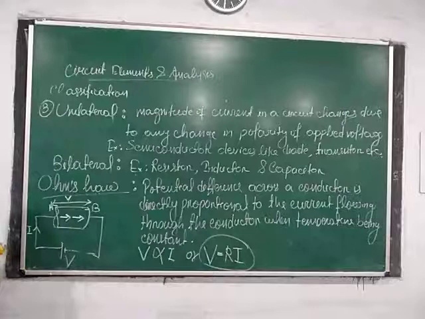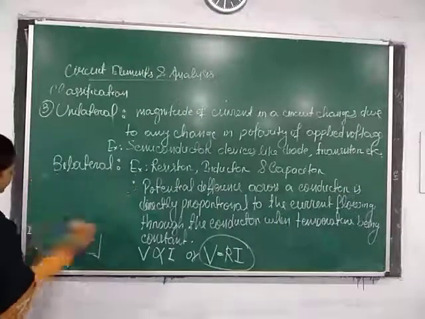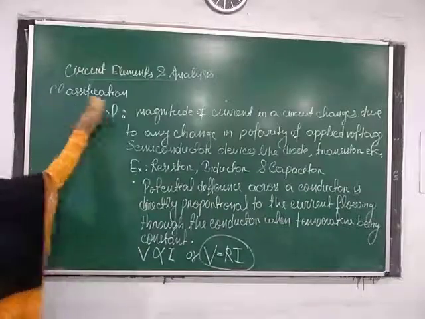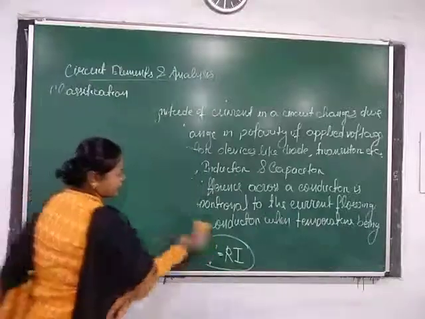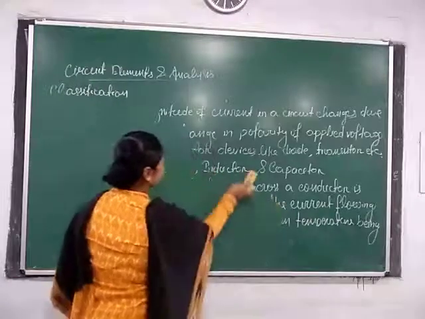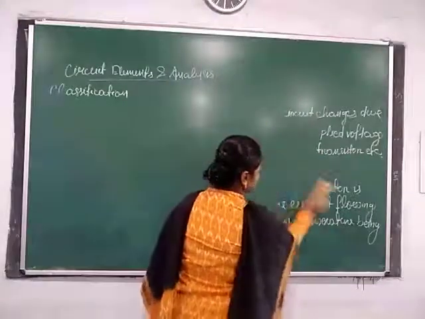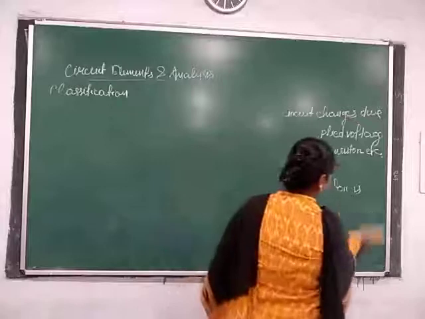Next, we go for Kirchhoff's law. Gustav Kirchhoff was a German scientist. He gave a current law and a voltage law on the basis of conservation of energy and charge.